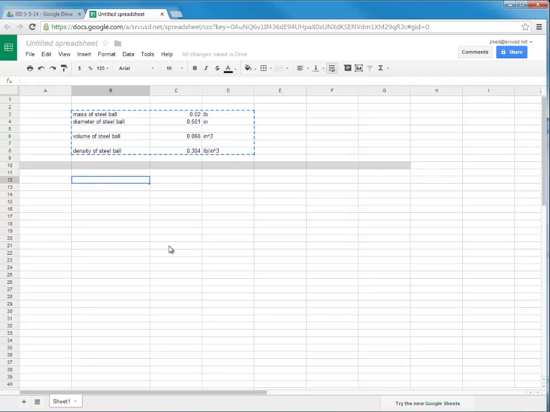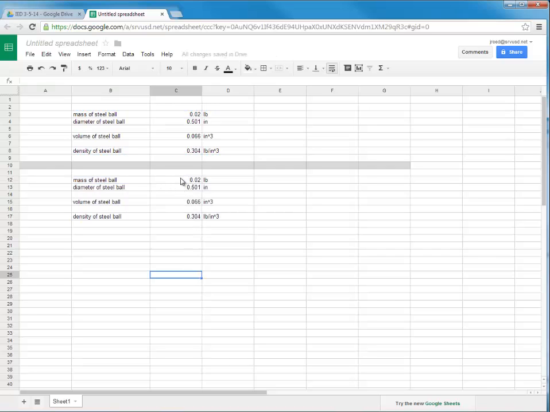I'm going to click here in cell B12 and do a Control V, and I've duplicated the whole thing. So let's make sure this equation is right. So it should take 4/3 pi times the value in this cell, the diameter of my sphere, and divide it by 2. So it's now C13 instead of up here it was C4.